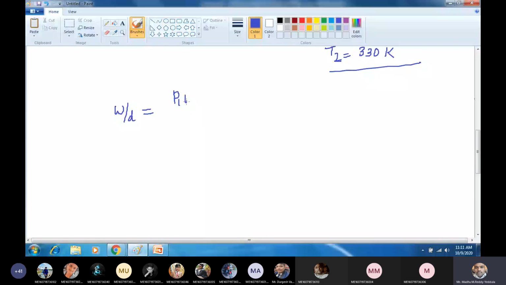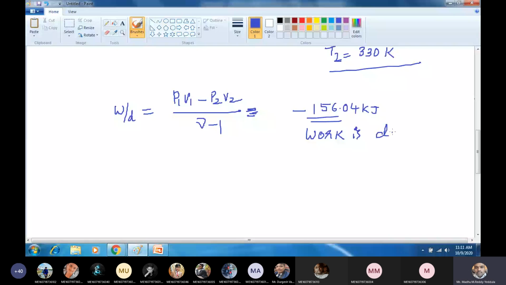Work done during the adiabatic process is equal to (P1 V1 minus P2 V2) by (gamma minus 1). Substitute P1, V1, P2 and V2, and you will get minus 156 kilojoules. The negative sign indicates that work is done on the system.